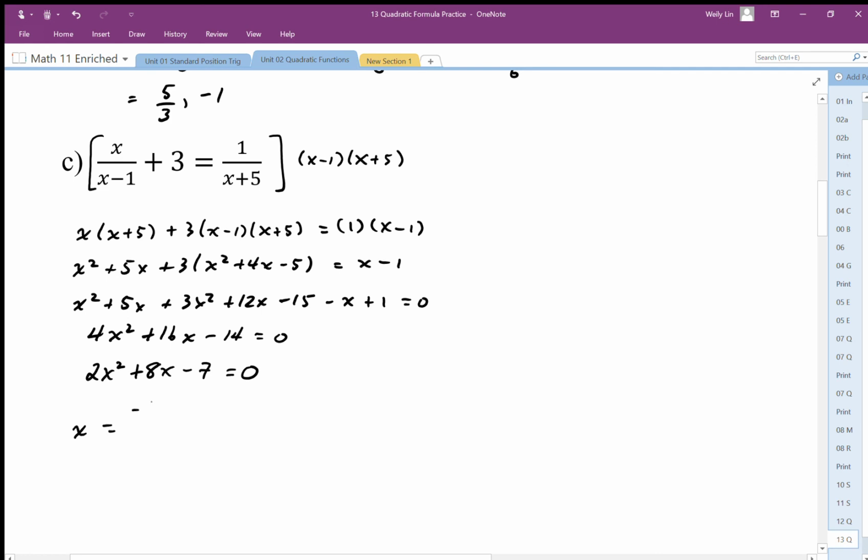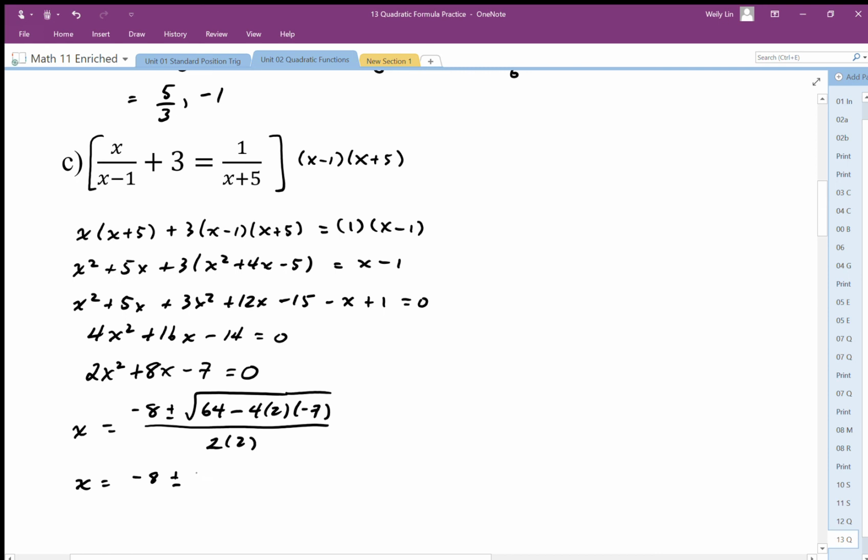X is equal to negative 8 plus minus square root of 8 squared minus 4 times a times c, all over 2 times 2. Okay, and then simplifying that, it looks like it's going to be 64 plus 56.